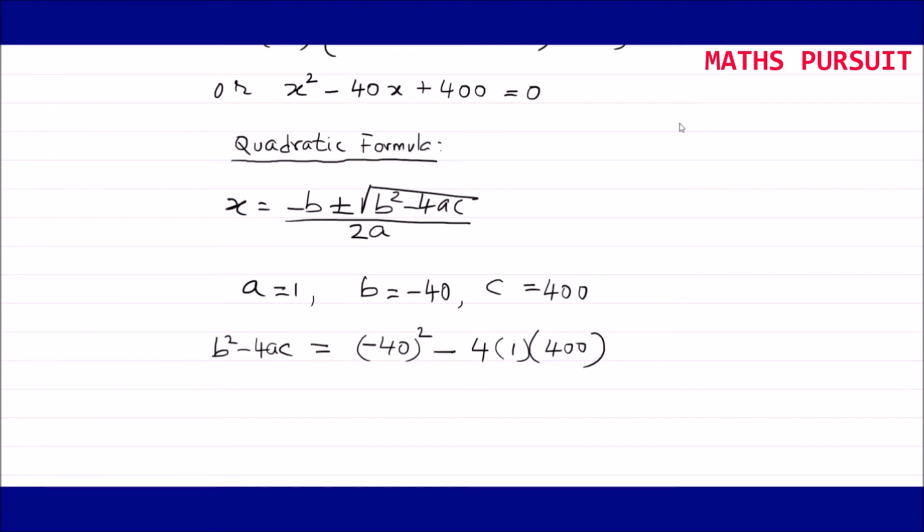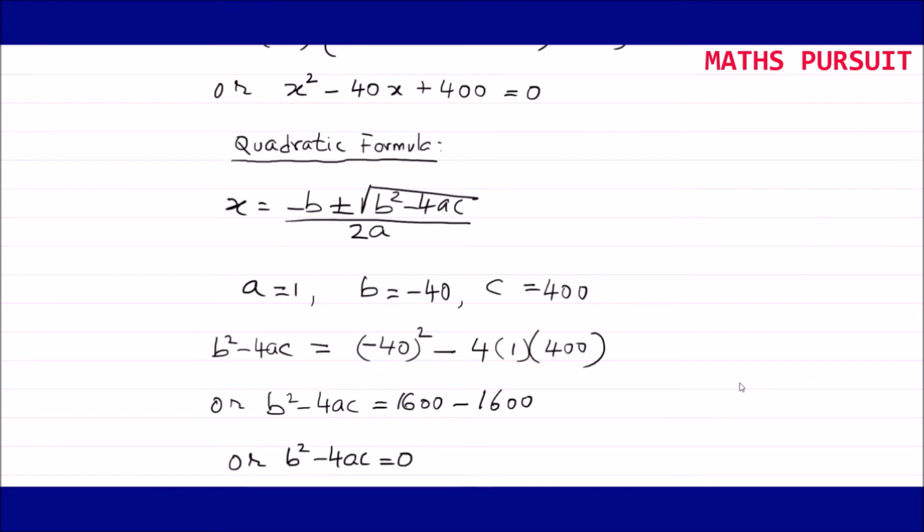Or I can write b square minus 4ac is equal to 40 to the power 2. 40 to the power 2 is nothing but 1600. 4 4s are 16, minus again 1600. So guys, you could see that we got b square minus 4ac is equal to 1600 minus 1600, or b square minus 4ac is equal to 0.